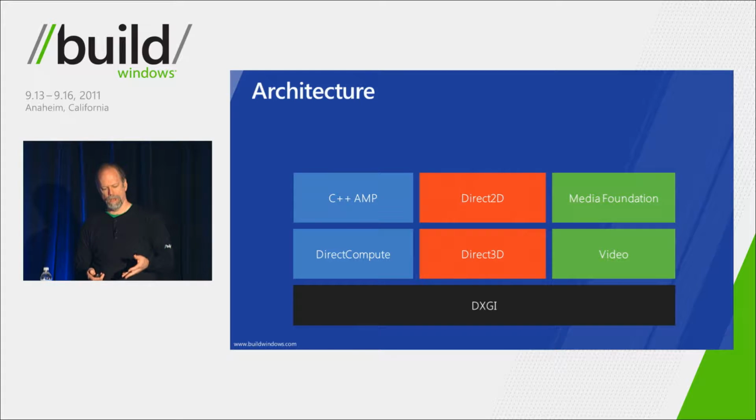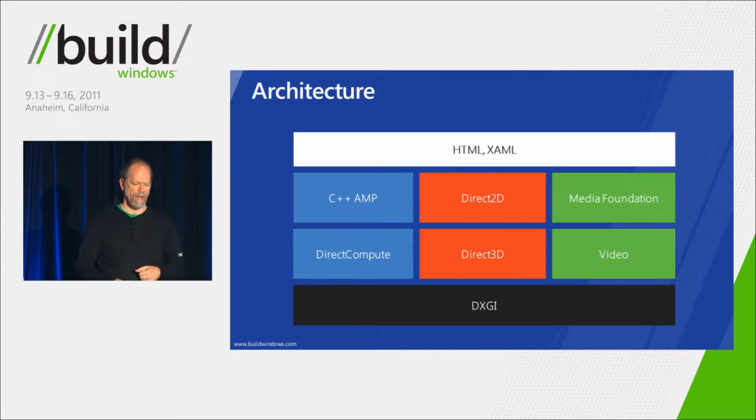And then, part of the work that we've done here enables, because again, these are all based on DXGI, all 6 of these components can share information, and you can transition code within your application between these APIs with pretty minimal pain. And then on top of that, we have the higher level application frameworks, presentation frameworks that are provided as well.